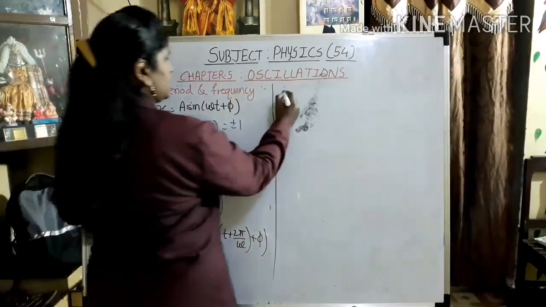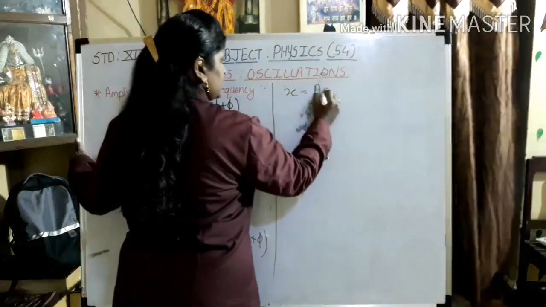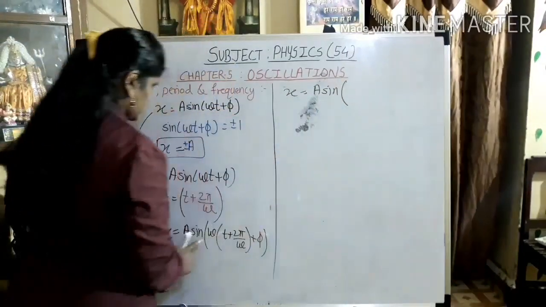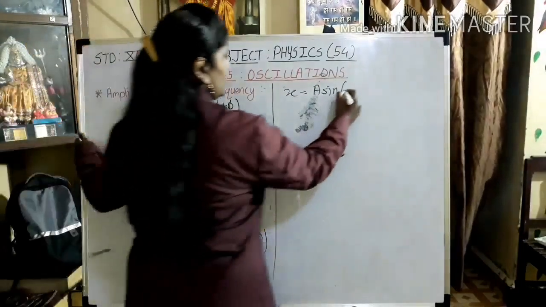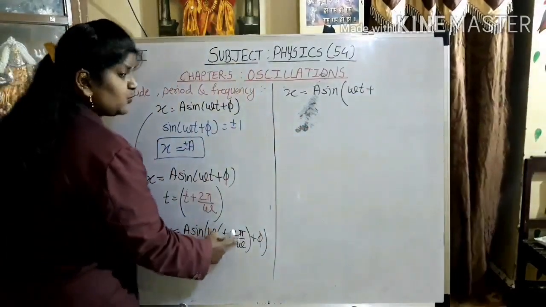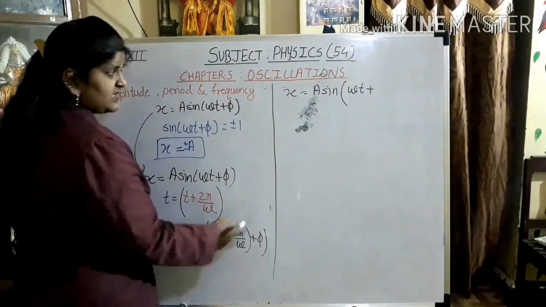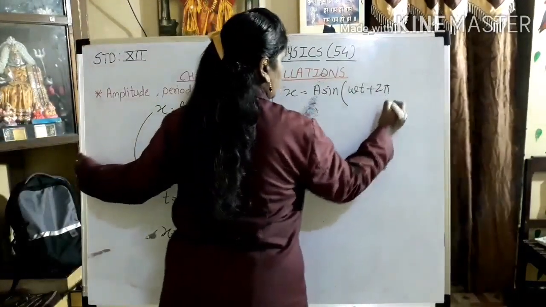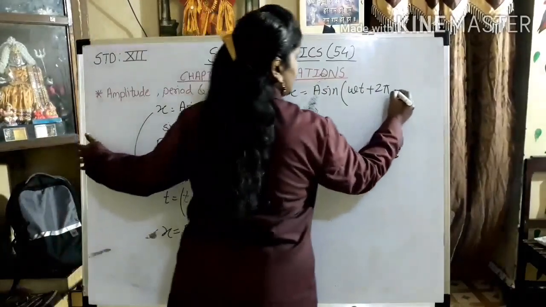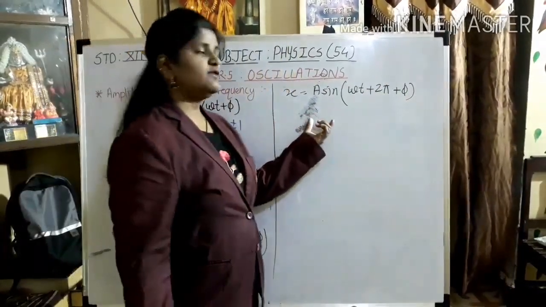So I will get x is equal to a sin(omega t plus omega into 2 pi by omega plus phi). What happens over here? This omega and omega will get cancelled. So I am getting only 2 pi plus phi. So this is the equation we have got.